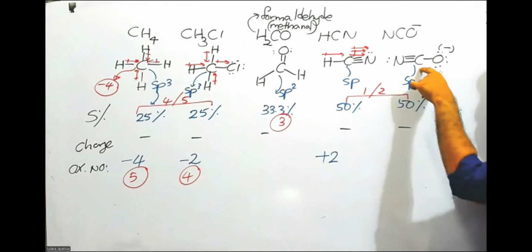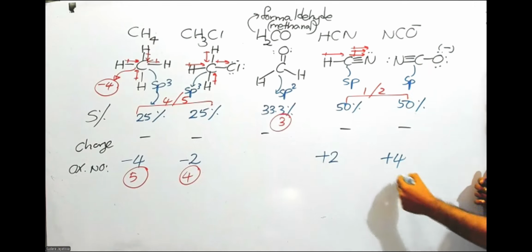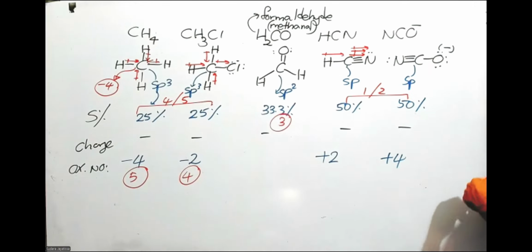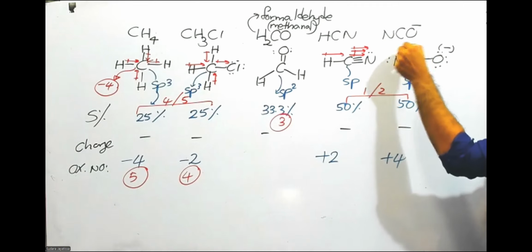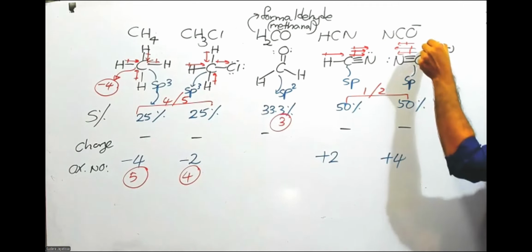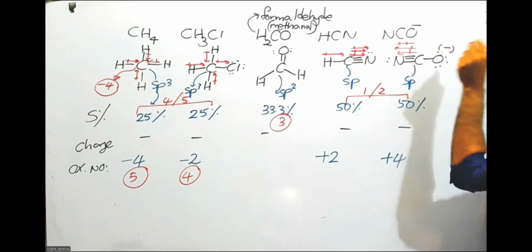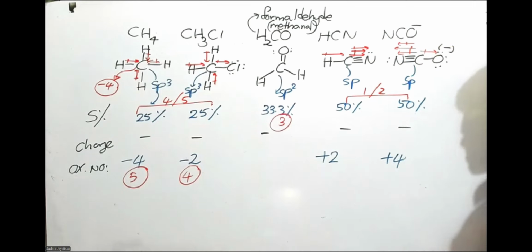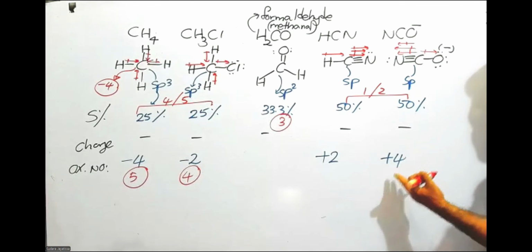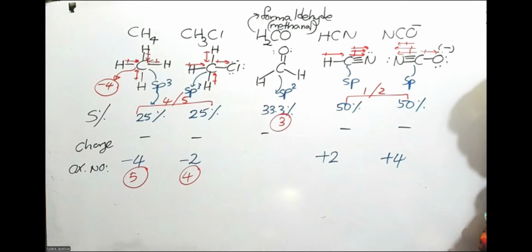But if you take this carbon, you can now see oxidation number is going to be +4, right? Because nitrogen is attracting electrons, and this carbon loses another electron for oxygen also. Understood? So loses 4 electrons, oxidation number is +4.